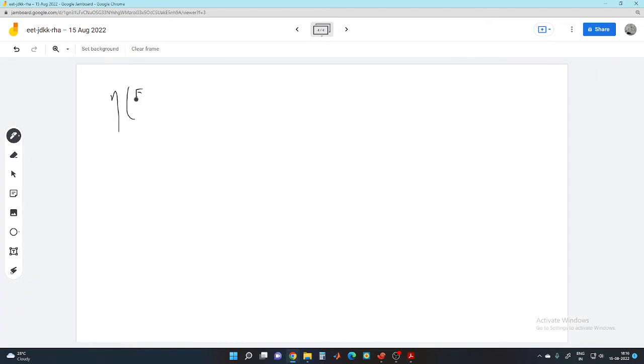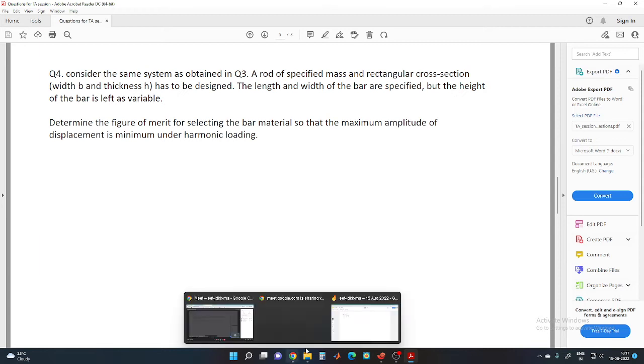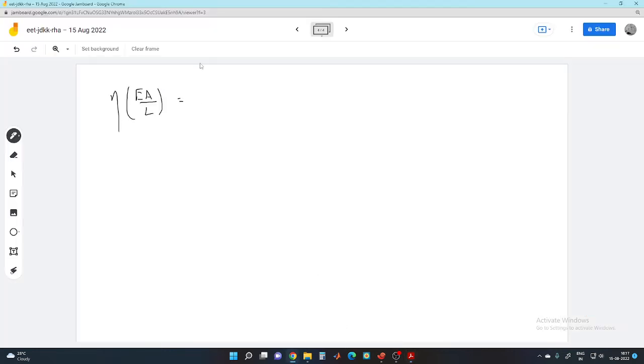Now we know A, right? We have a given cross section. If we remember, the width is B and the thickness is H. So A is nothing but the cross section area, which is B into H. So eta E B H upon L.